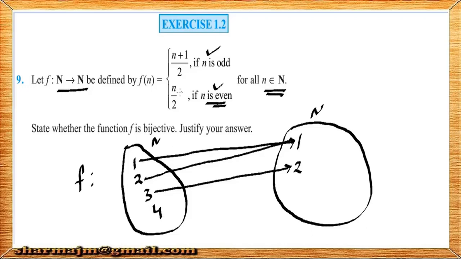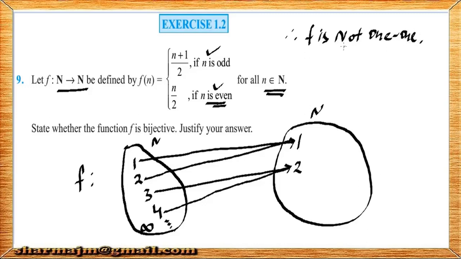So 4 is even, so 4 by 2 is 2. We can have 5, 6, 7 and so on up to infinity, and we see two consecutive elements of the domain have one image. So therefore f is not 1 to 1. This function is not 1 to 1. It is a many to one function.